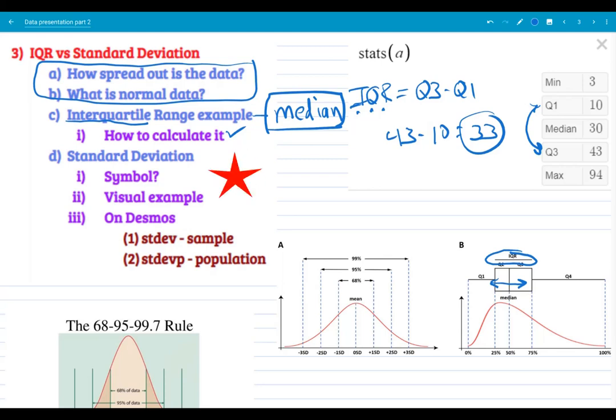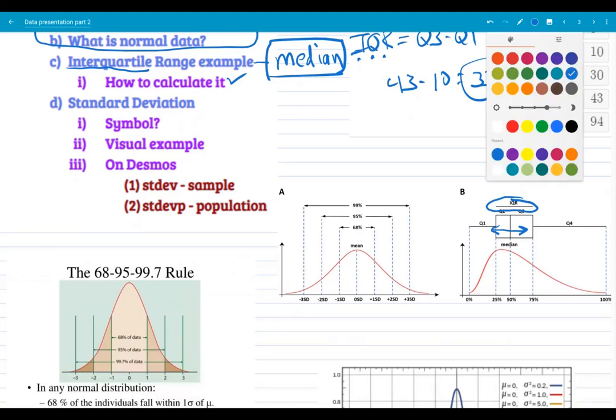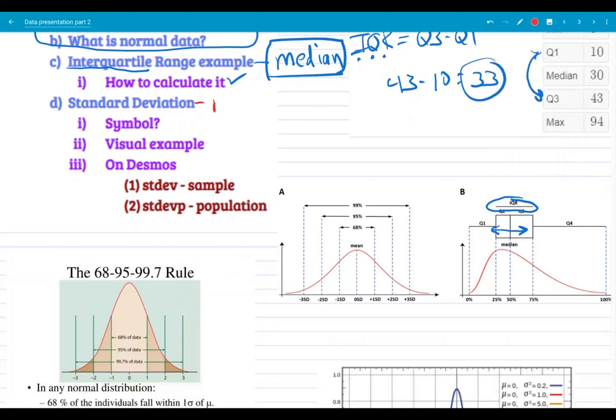Now I want to talk about standard deviation. Standard deviation is used with the mean. It's not used with median or anything else. They always go together, standard deviation and the mean.